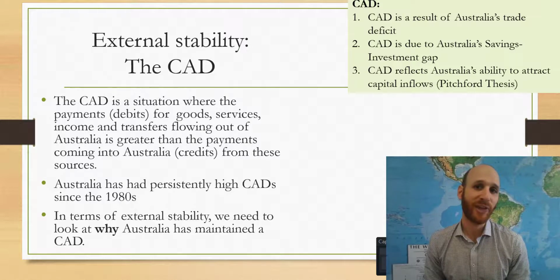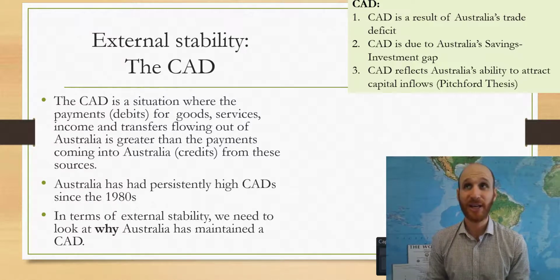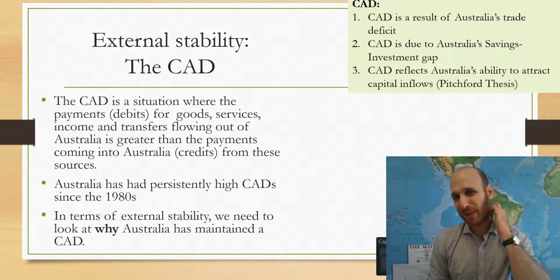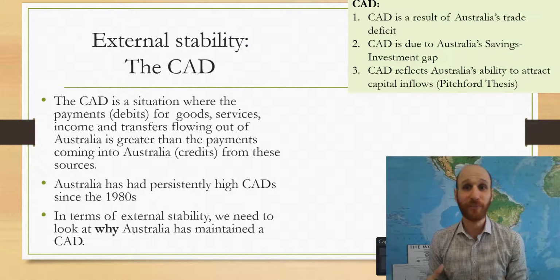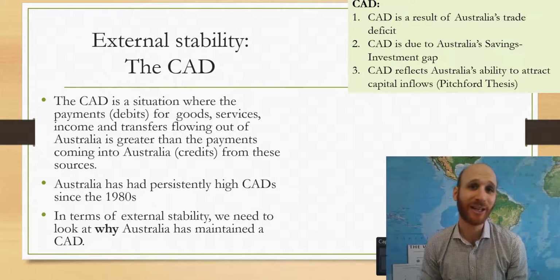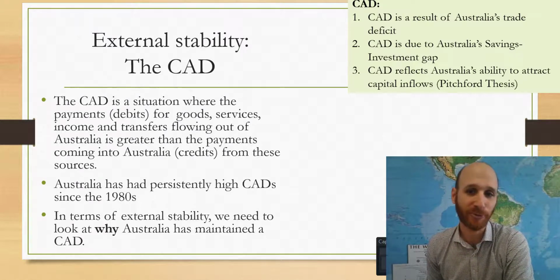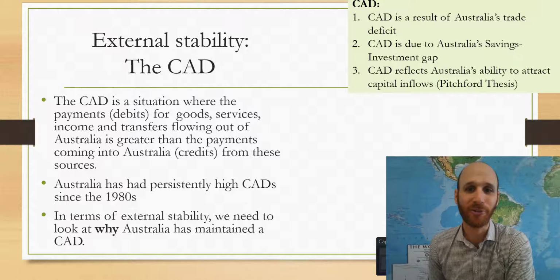The second view is that the CAD is due to Australia's savings investment gap and the need to fill that with foreign investment. And the third view is that CAD is all about Australia's ability to actually bring in capital inflows and could be a good thing in that way. And this is what's known as the Pitchford thesis. So we're going to take a look at each of these in turn.